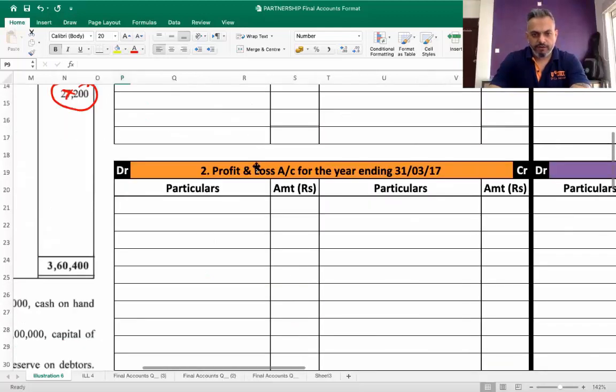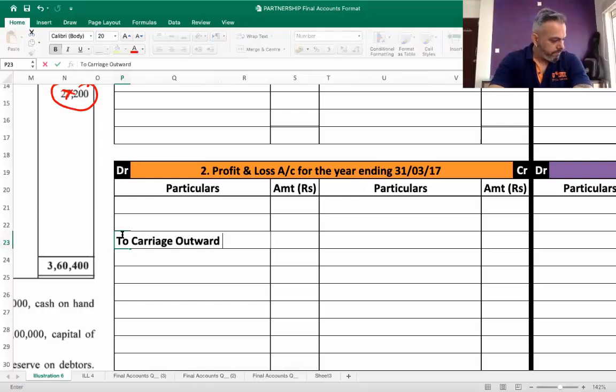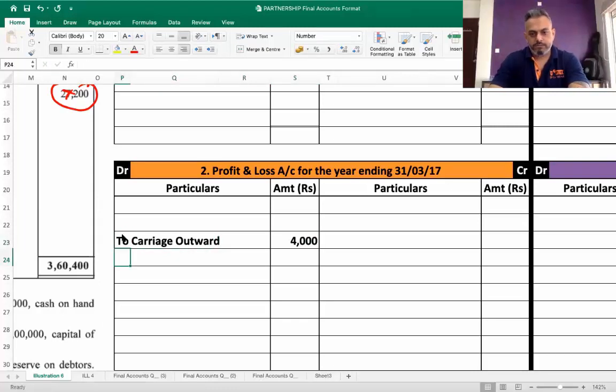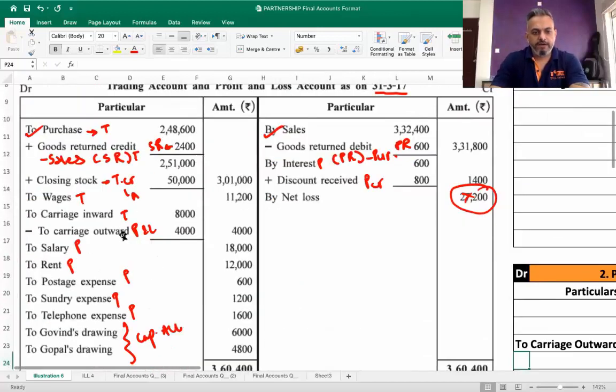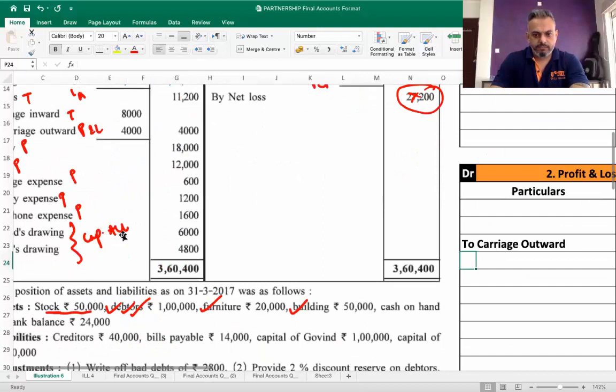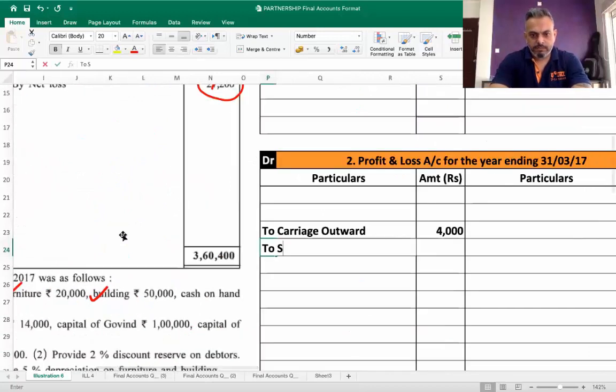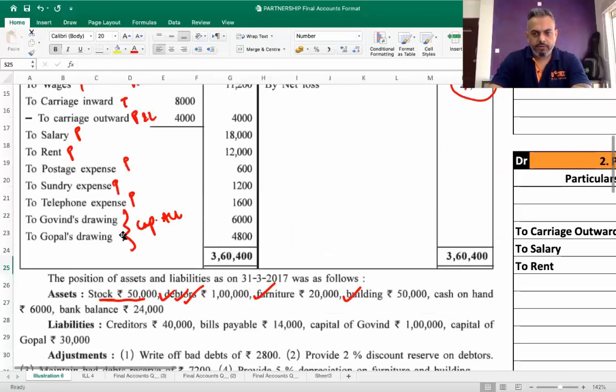So profit and loss account first two lines always blank. 4,000. Salary 18,000. Rent 12,000.